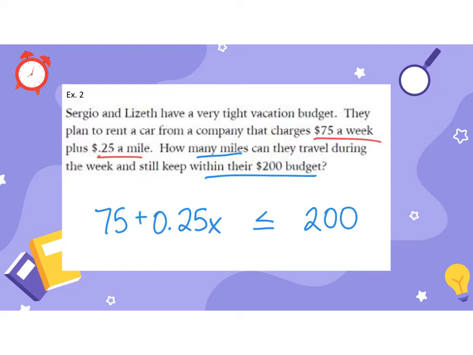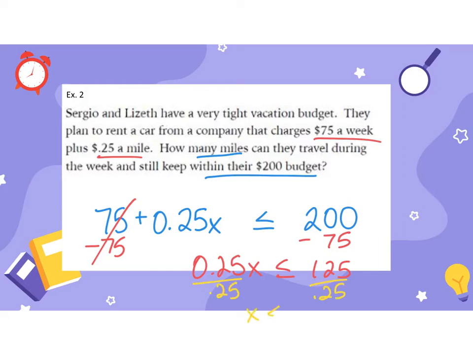Okay? Now we can go ahead and solve this. How would we solve it? Good. 200 minus 75. 125. And then divide by 0.25. Okay. And what is that?